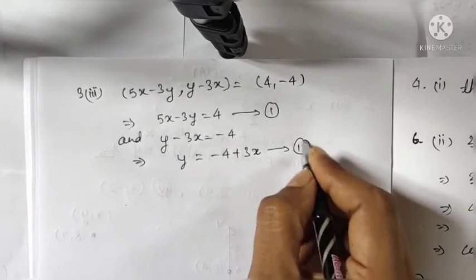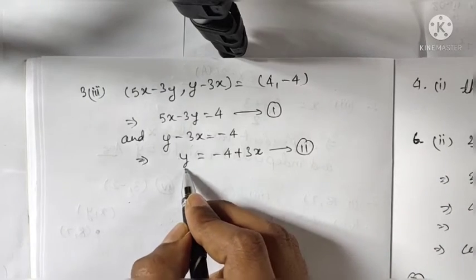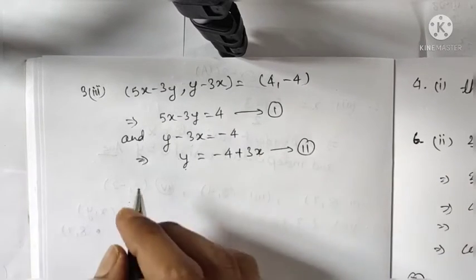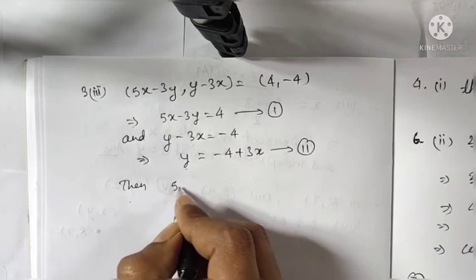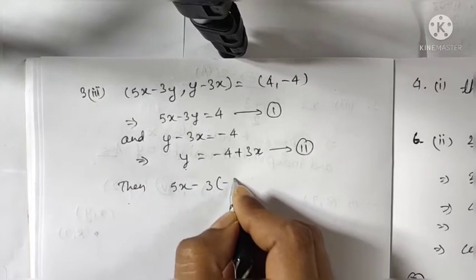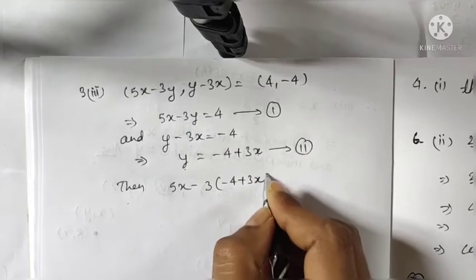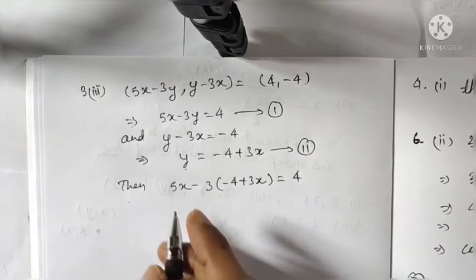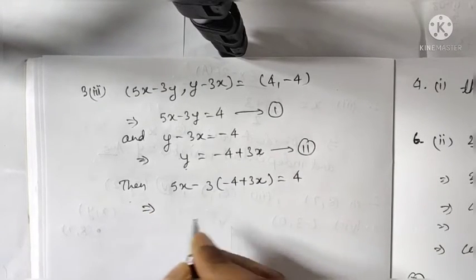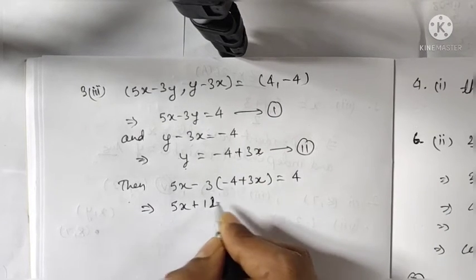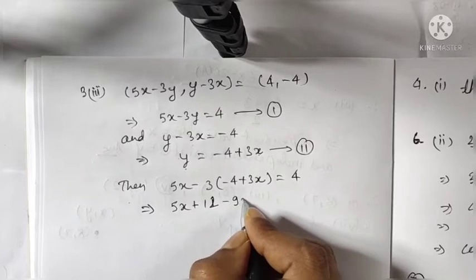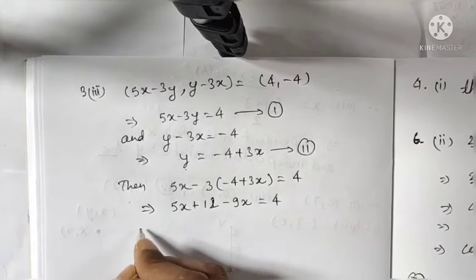Now take it as equation number 2 and put the value of y from equation number 2 into equation number 1. Then it will be 5x minus 3 into (minus 4 plus 3x) is equal to 4. Now by solving it, we have 5x plus 12 minus 9x is equal to 4.